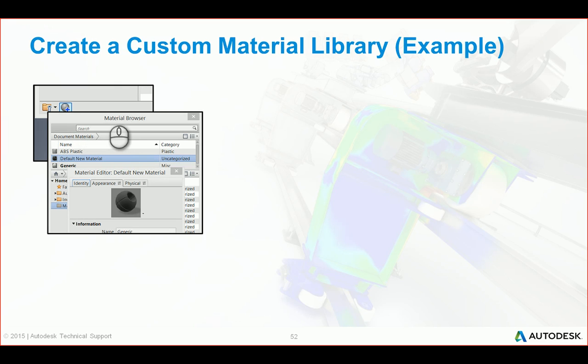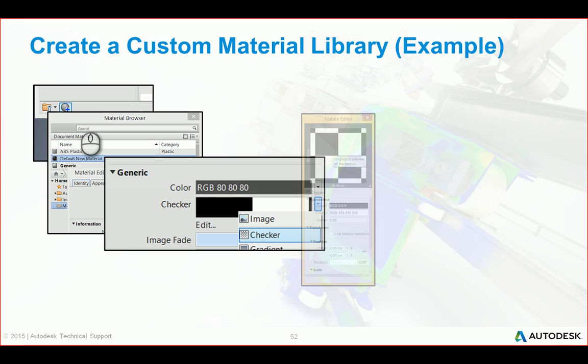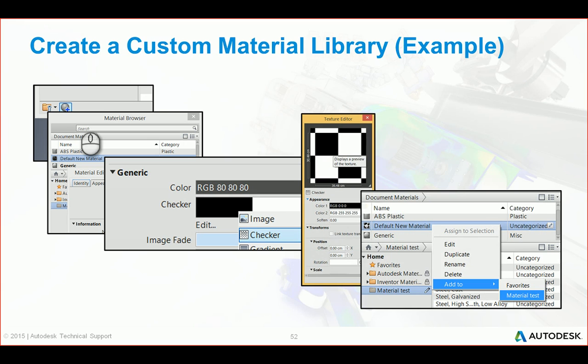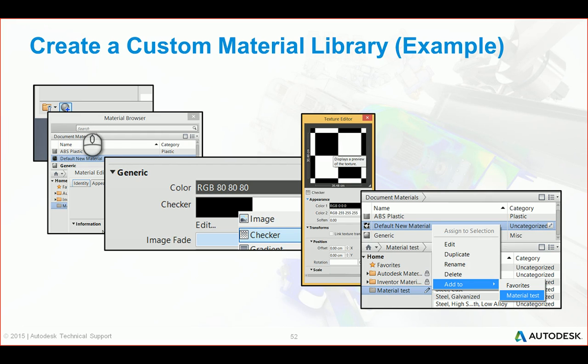We will have to populate the characteristics for the material and give it a name. For this one, we'll just have a checkered color pattern, and we'll call it checkers, and we'll add it to the library, and then we're good to go.